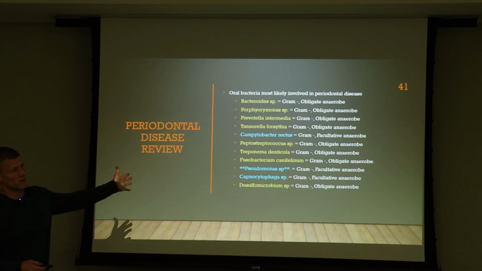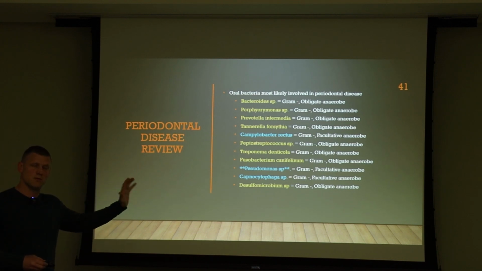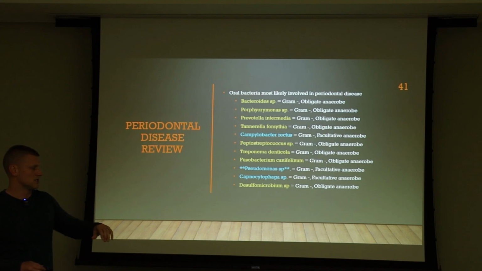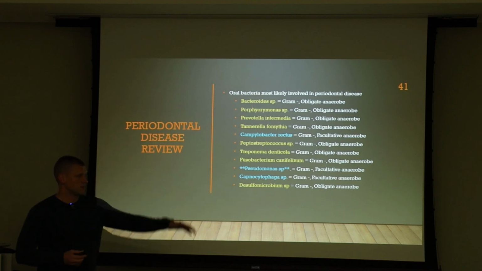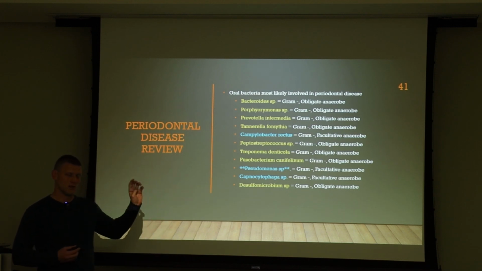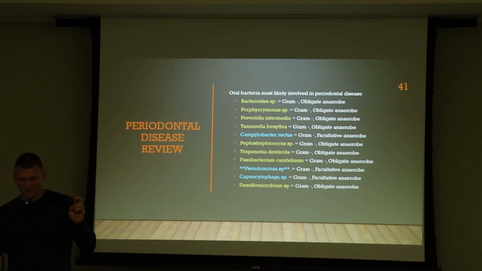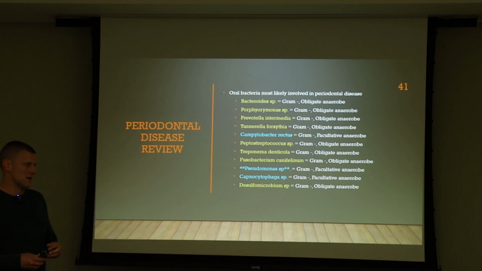Whenever it changes from normal, happy flora to periodontal disease, this is kind of what shows up. Also note that they're all gram negatives and they're all anaerobes. So if you are going to do a culture and sensitivity, anaerobic culture is going to be your thing, or MyDog, because the aerobes don't matter here.